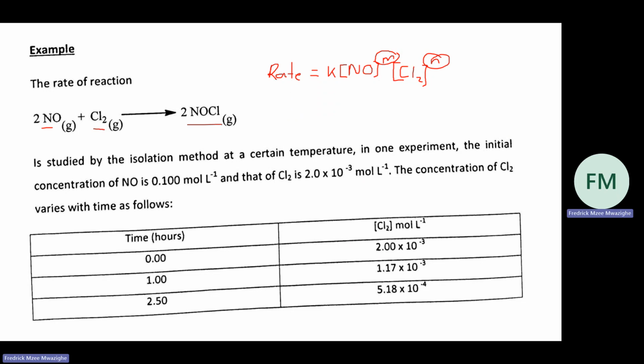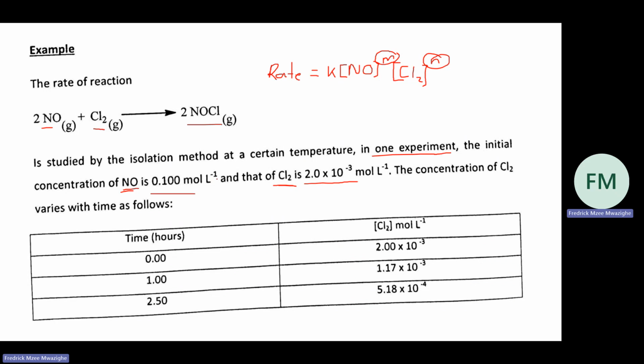So we have two sets of data here. The first, we are told that in one experiment, the initial concentration of NO is 0.1 molar, and that of chlorine is 2.0 times 10 to the power minus 3 molar. If you compare the two reactants, you notice that the one for NO is much higher than that of chlorine.